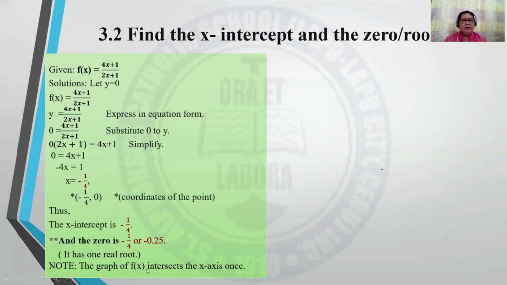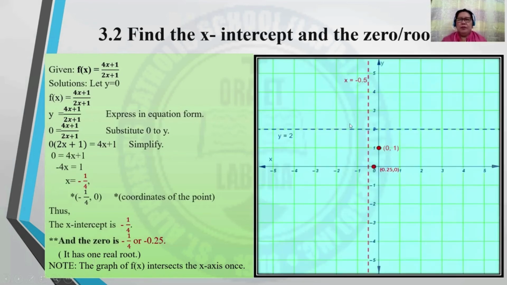The graph of f of x intersects the x-axis once. That is what we meant by one real root. So, it's here. Negative 0.25. That is our x-intercept.